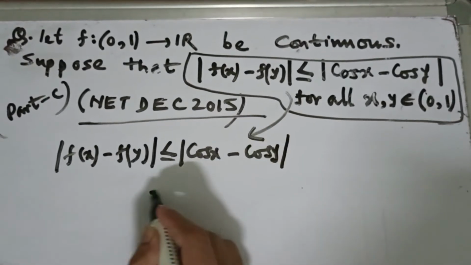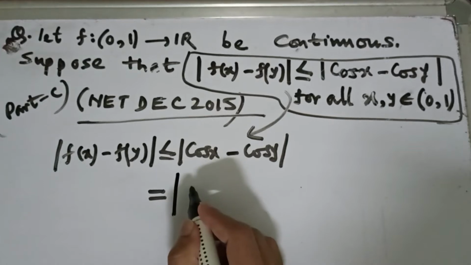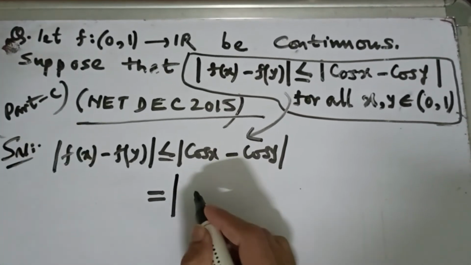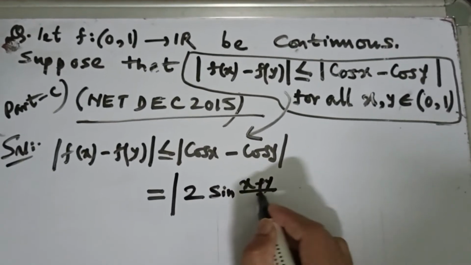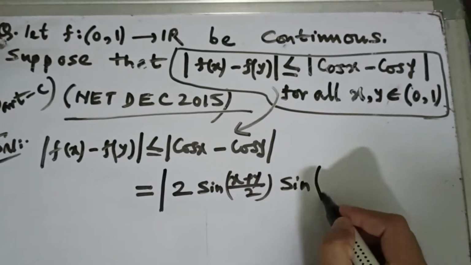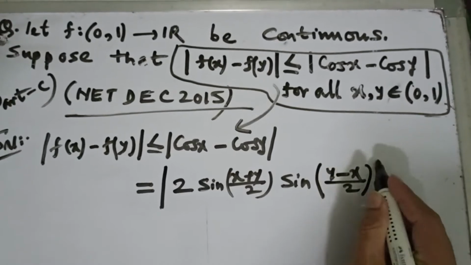Okay, now we know the formula for cos c minus cos d, so we apply it. Applying this formula, 2 sin((x+y)/2) into sin((y-x)/2), right?